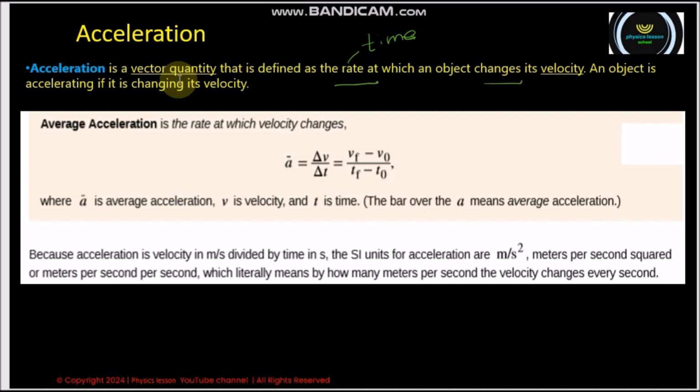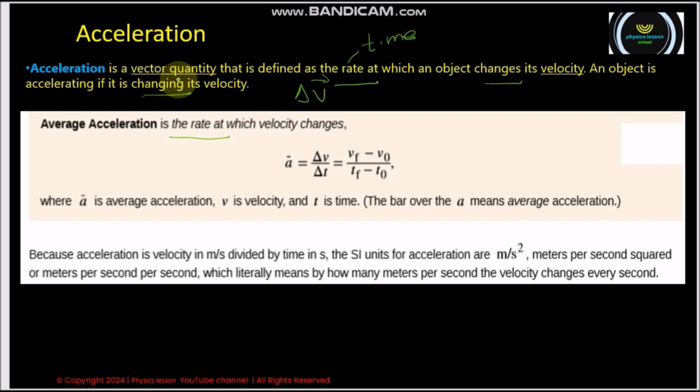An object is accelerating if it is changing velocity. If we say an object, a car or a plane, accelerated, there should be a change in velocity. In general, acceleration is the rate at which the velocity changes.